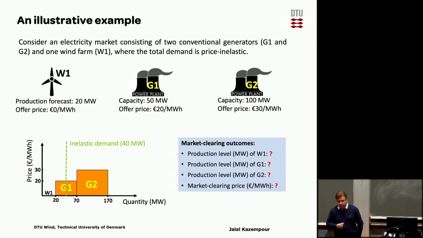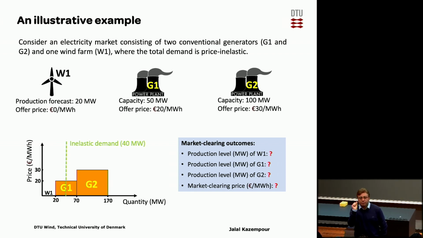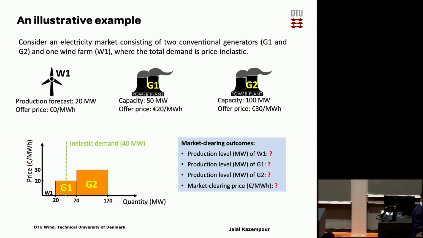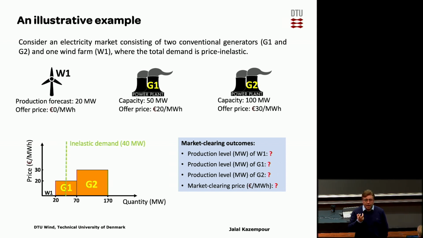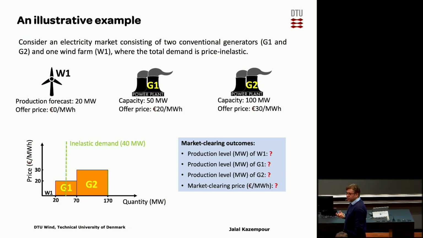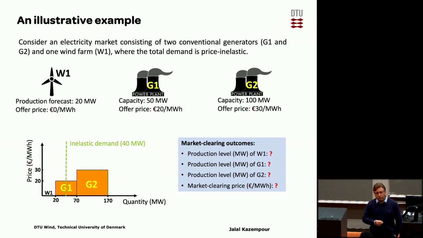Usually, how do we know the price? If you change the demand by epsilon, epsilon means, I don't know, 0.0001 megawatt. But here, say, for simplicity, 1 megawatt. Either increase or decrease it. We are trying to find the right-hand side and left-hand side sensitivity. How much will the production cost change? If you change demand from 40 to 41, how much will the production cost of G1 change? 20.